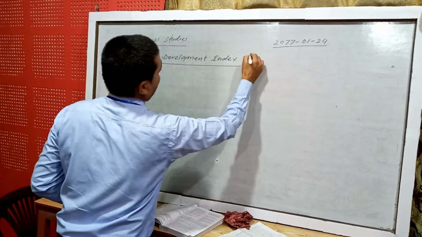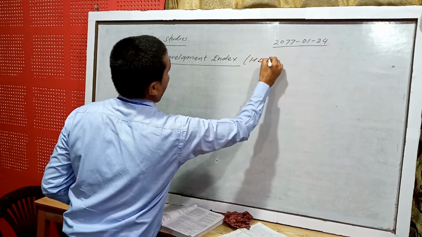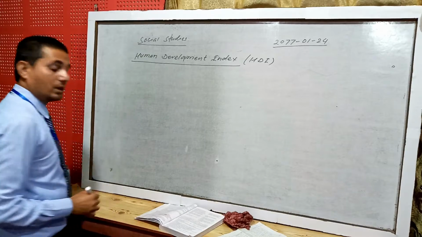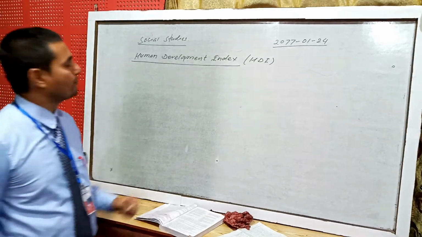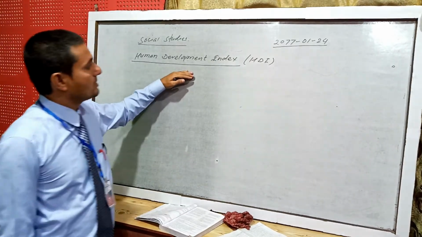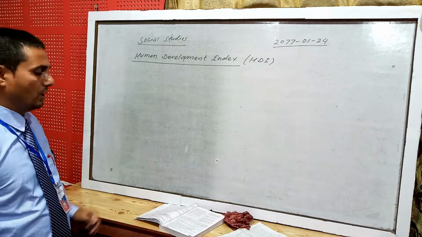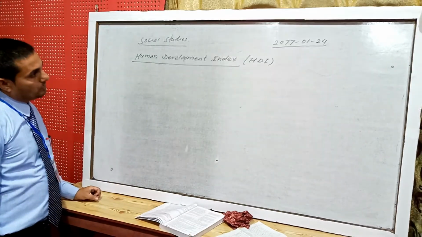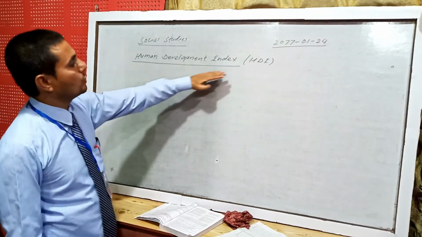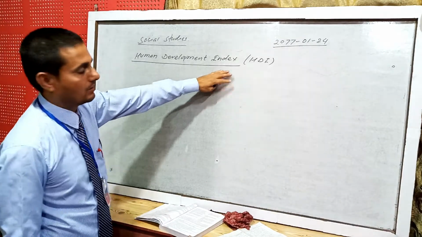Human Development Index, simply HDI. Earlier in the previous class, I gave you some definitions of HDI, and today I'm going to give some possible questions that are asked from this lesson.